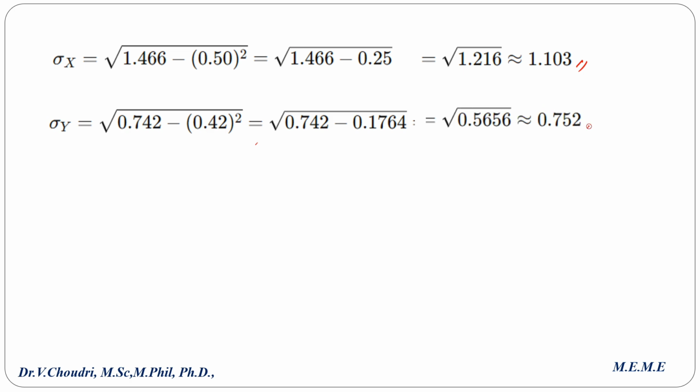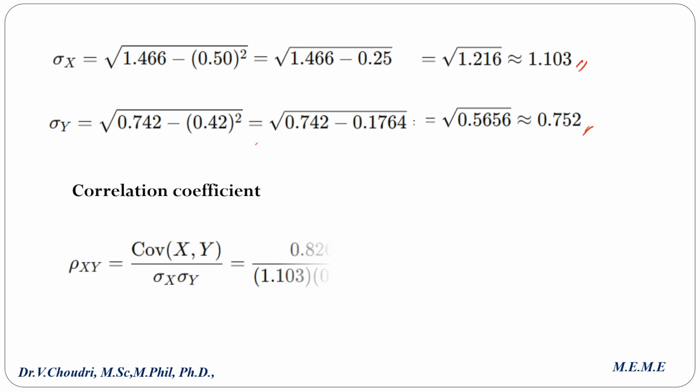That is an approximate value only. Now we have found all the data, covariance and the corresponding standard deviations. Now the correlation coefficient is covariance of X comma Y divided by sigma X into sigma Y. Substituting the values, we are getting a strong correlation, 0.996.